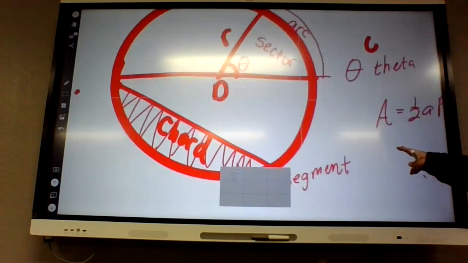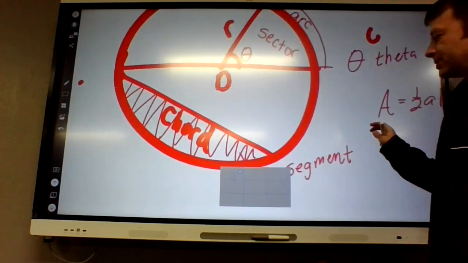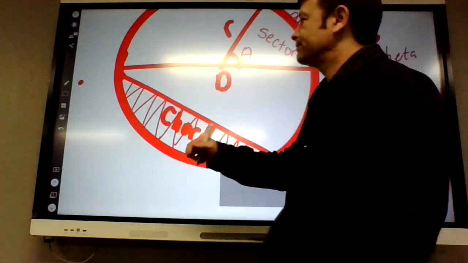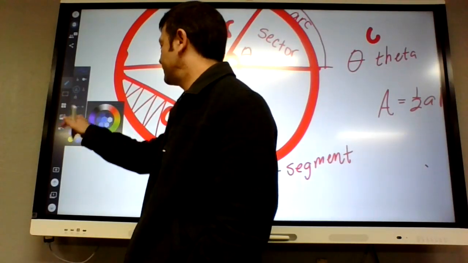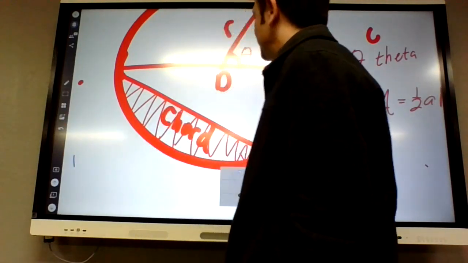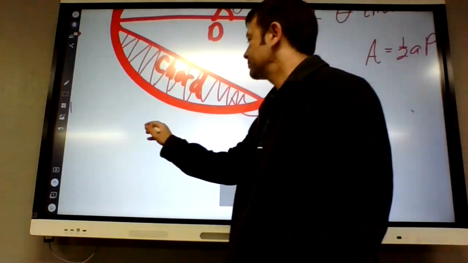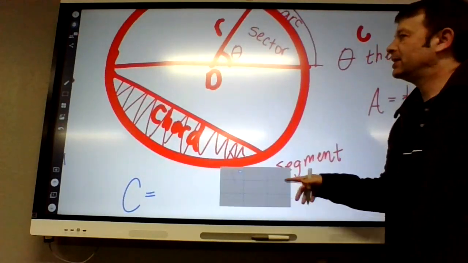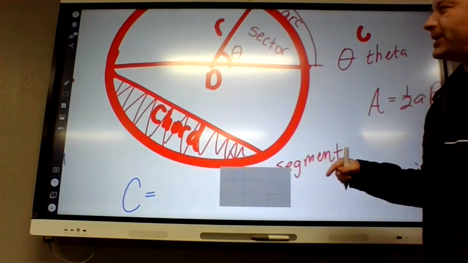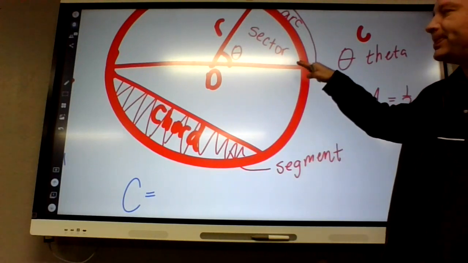All right, let's start with how do you find the circumference? Yeah, let's go blue. How do we find the circumference of a circle? Diameter times pi. That's kind of where pi came from. They figured out it takes pi diameters.